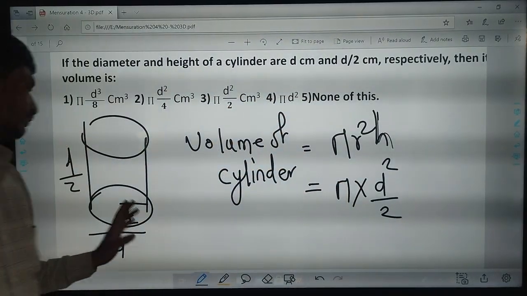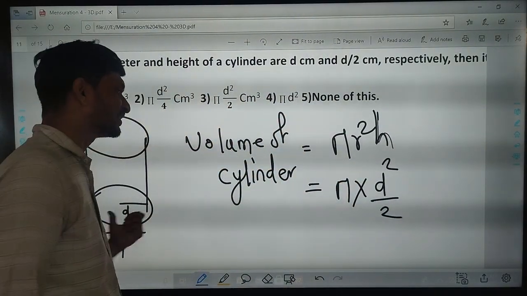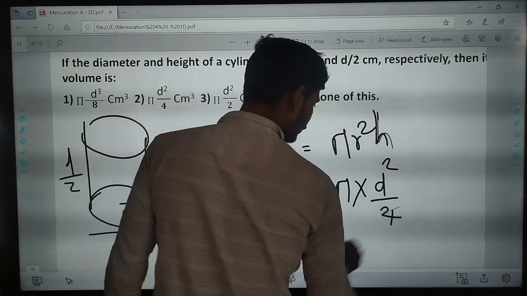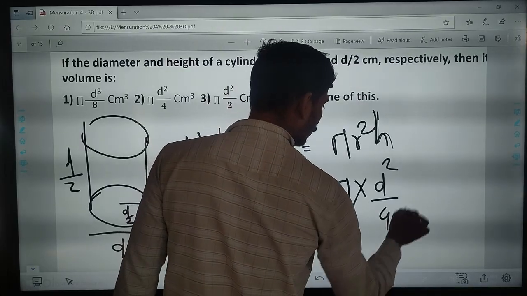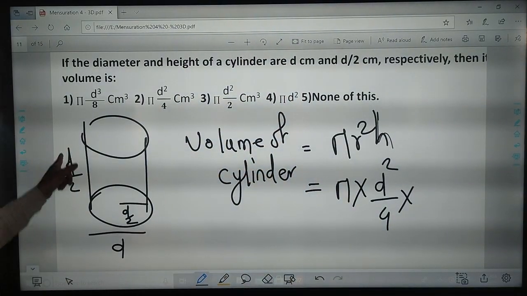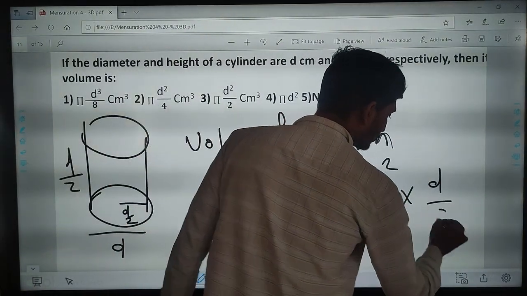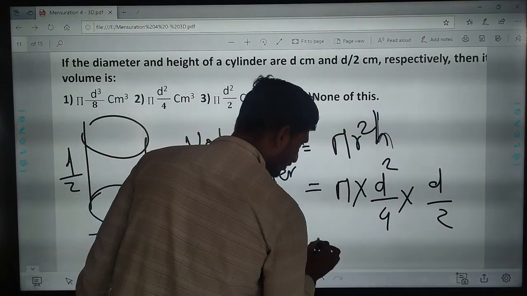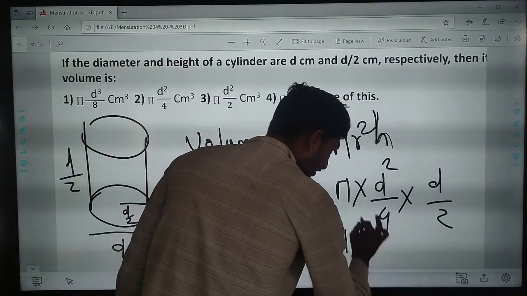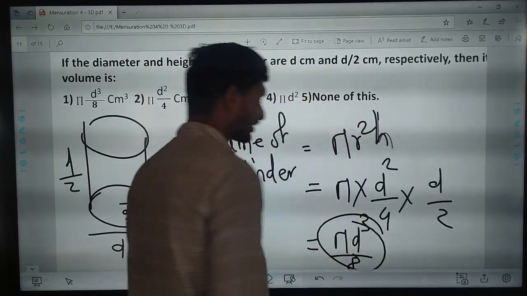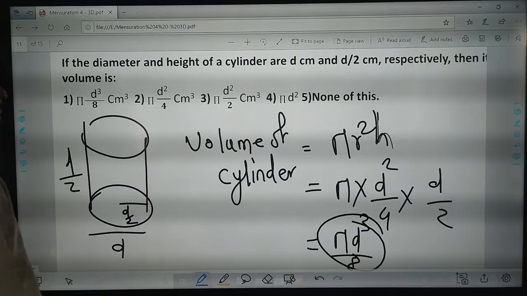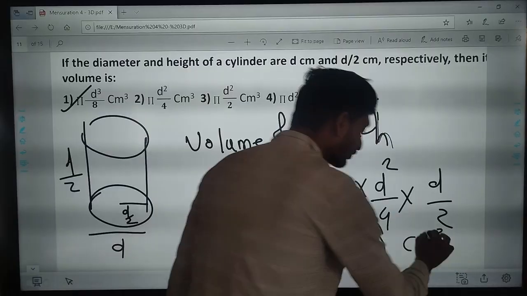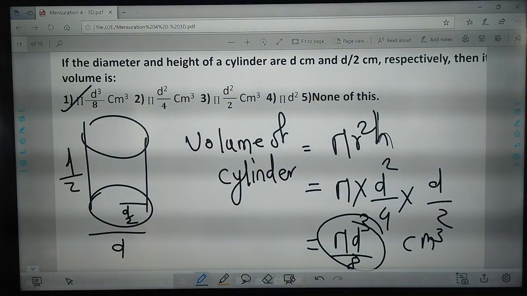The height is also d by 2. Now we write pi d cube divided by 8. This is your answer: pi d cube divided by 8 centimeter cube.